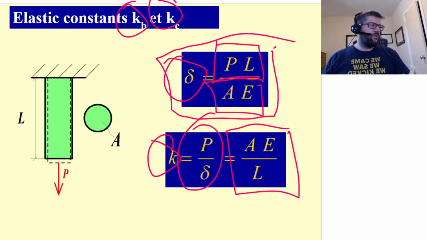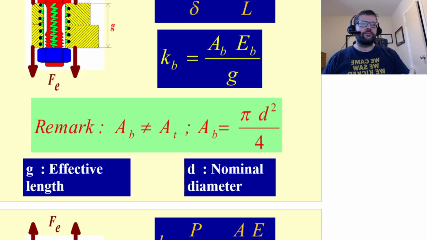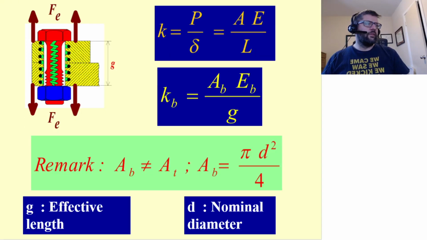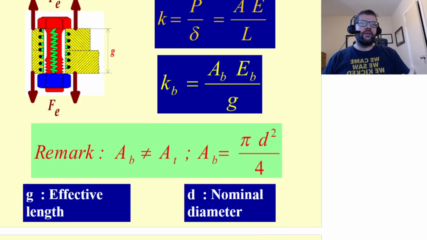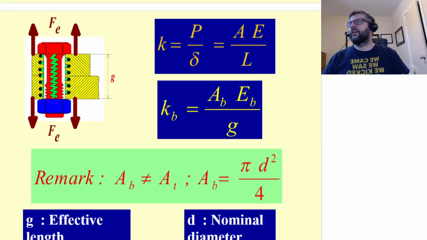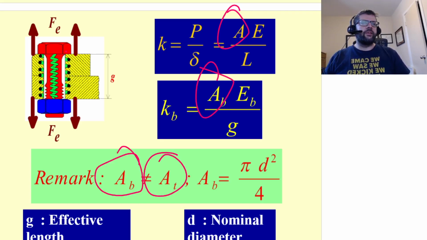So for the bolt, not too difficult to compute. One thing to keep in mind is that the A we want to use here is the A for the nominal size of the bolt, because the stretching that's occurring is primarily in the non-threaded shank section of the bolt.